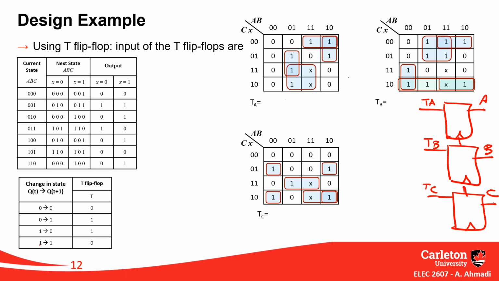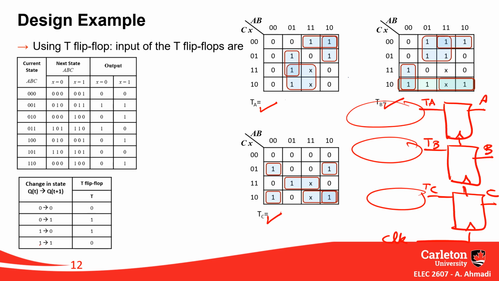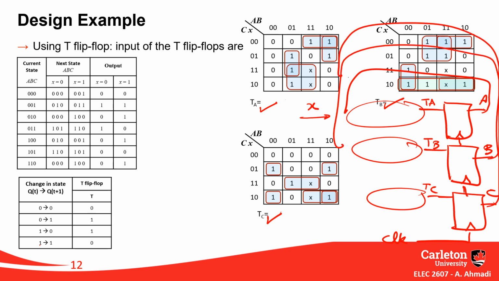I'm assuming these are connected, so clock. You find the logic for TA, TB, and TC. Write them here and connect them to your flip-flops. Each is a function of input signal X and feedback signals A, B, and C, to all of these, not just one of them, as many as you need.